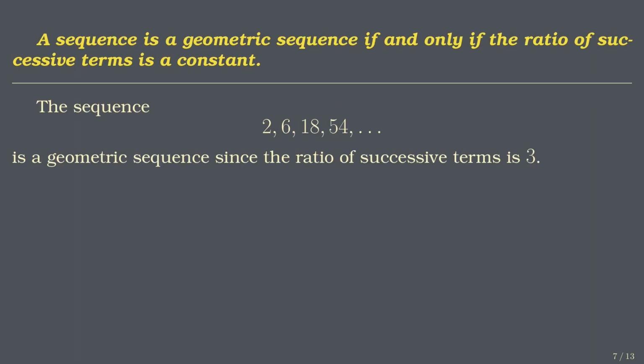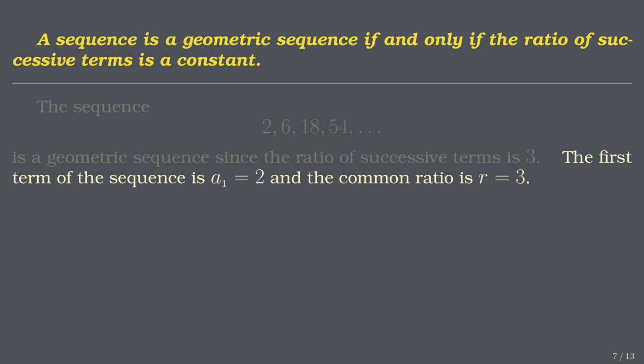From this remark, we can tell whether a sequence is geometric or not simply by computing the ratio of successive terms. In this case, it is 3. So we can easily deduce that the first term is 2 and the common ratio is 3. Here r stands for ratio, the first letter of the word ratio.